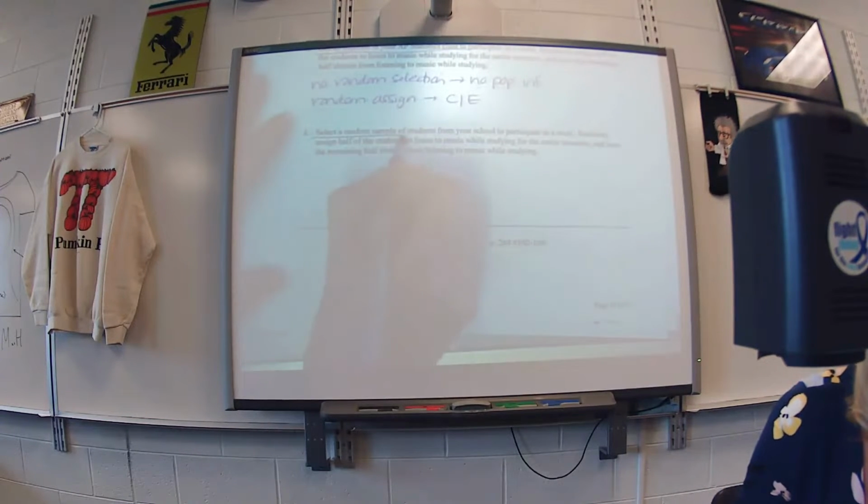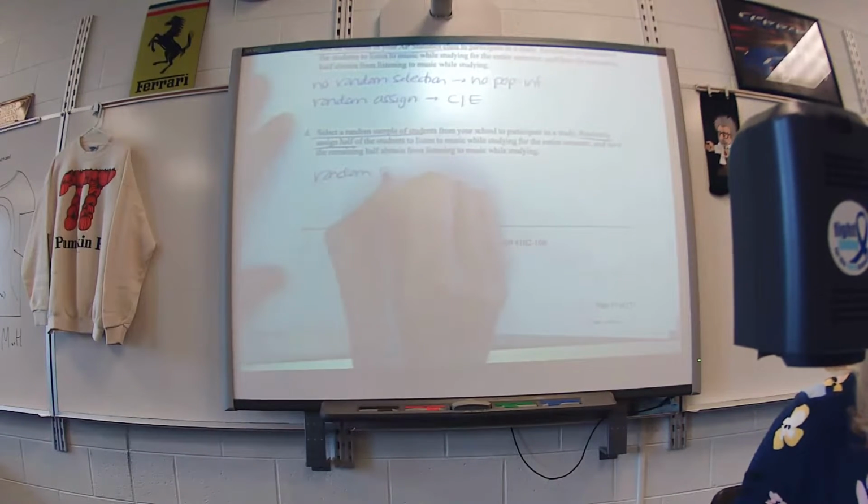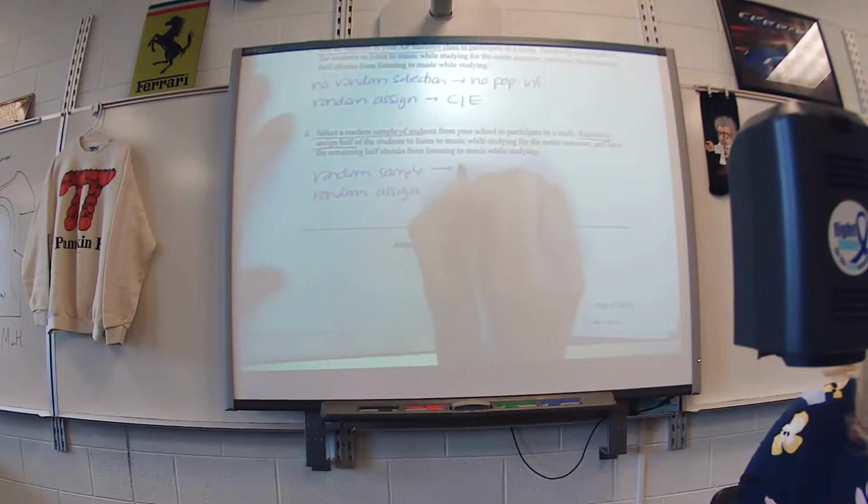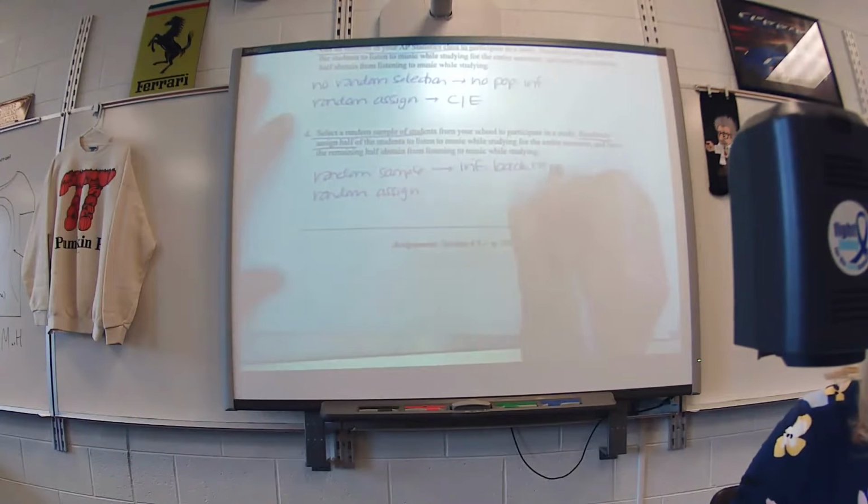And of course, you can see what the only one left is going to be. A random sample, and if I randomly assign, now we've got both. We have a random sample and random assignment. I can now infer back to the population, and I can infer cause and effect.